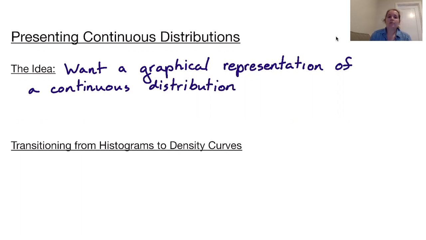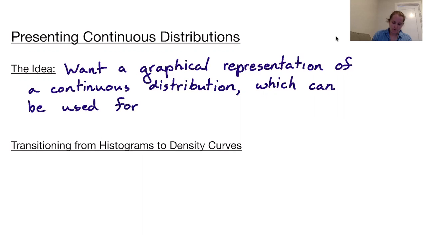And ultimately, we want one that shows the probability. So we had the table of probabilities for discrete distributions. So we want a graphical representation of a continuous distribution, which can be used for finding probabilities.